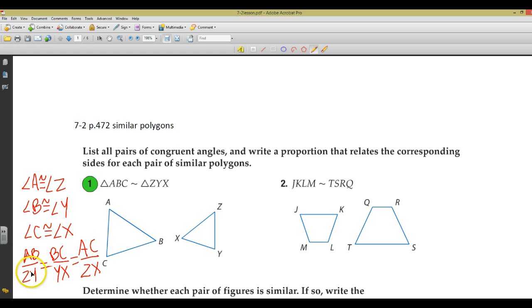So this is just relating the sides in corresponding order. Basically, if two figures are similar, then their corresponding sides will all be in the same ratio.